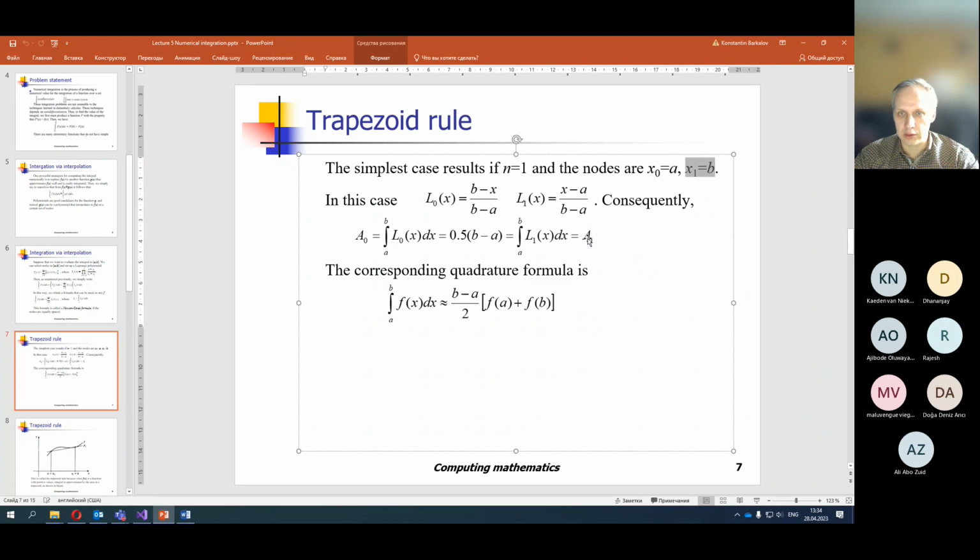A0 equals A1 and equals 0.5 times b minus a. The corresponding formula will have the following form. The approximated value for the integral equals b minus a over 2 times f of a plus f of b.